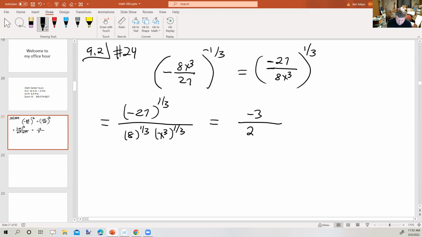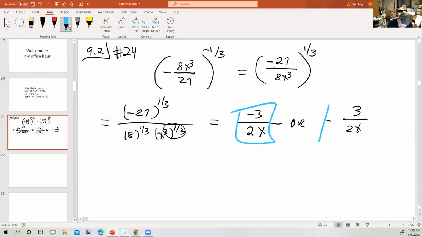A power raised to a power, you multiply the exponents. 3 times 1/3 is 3/3, which is 1. So it's x to the 1, or just x. So there's our answer, either like this or like that. Any questions on that problem before we go on to the next one?